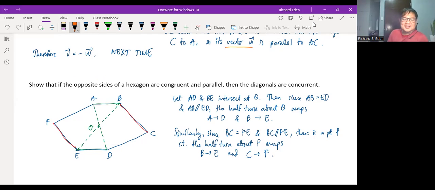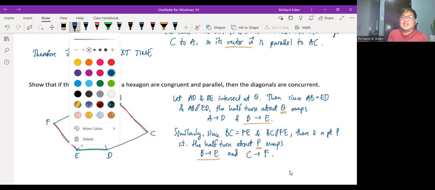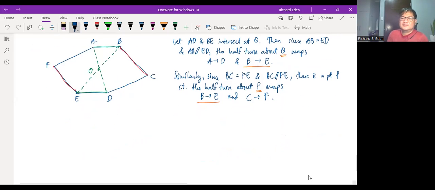Check mo, tignan mo if it works. Pero kasi, since B is mapped to E, that means O is the midpoint of B and E. But then if the half turn about P maps B to E, that means P is the midpoint of B and E. So consequently, O and P are the same. Thus, O is equal to P.